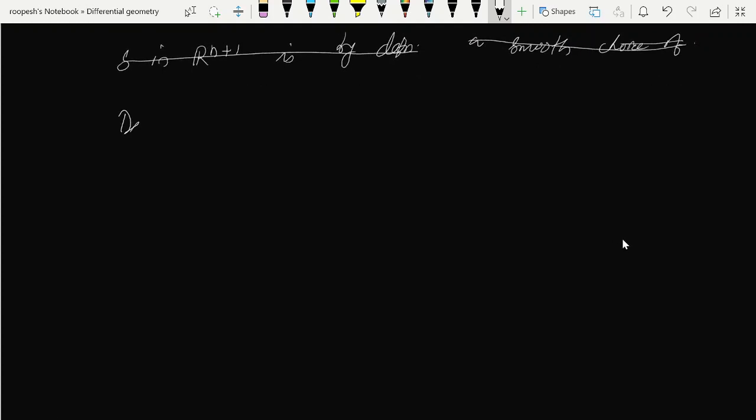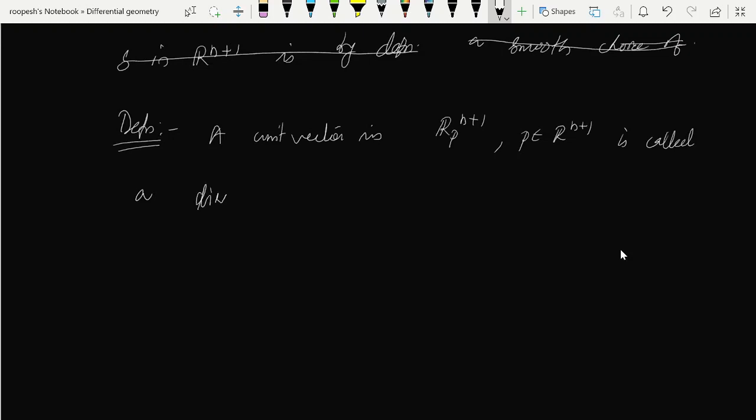So definition: a unit vector in R^(n+1) at p, where p belongs to R^(n+1), is called a direction at p.